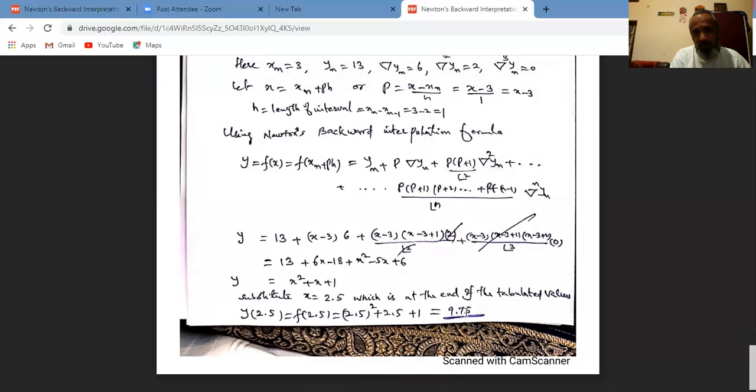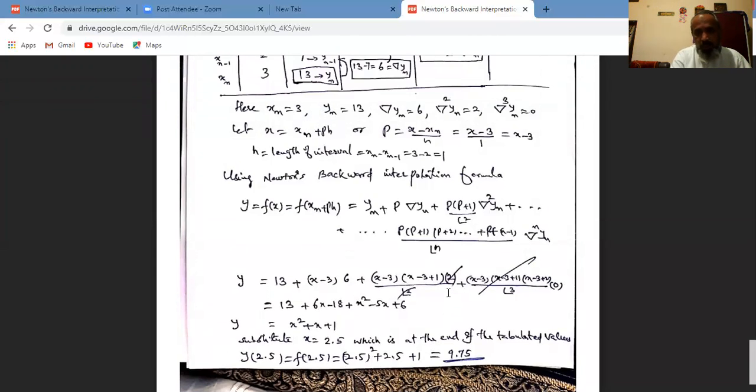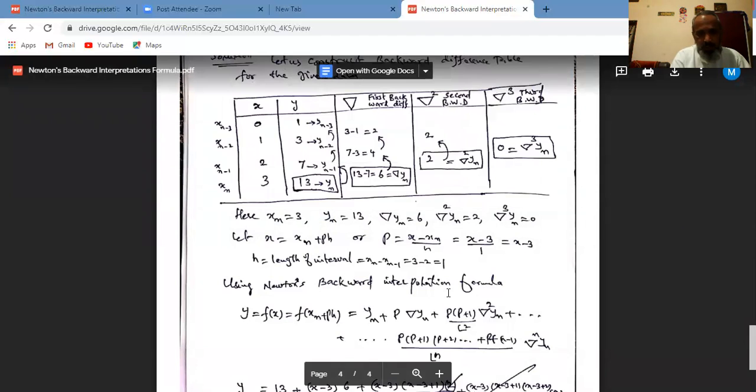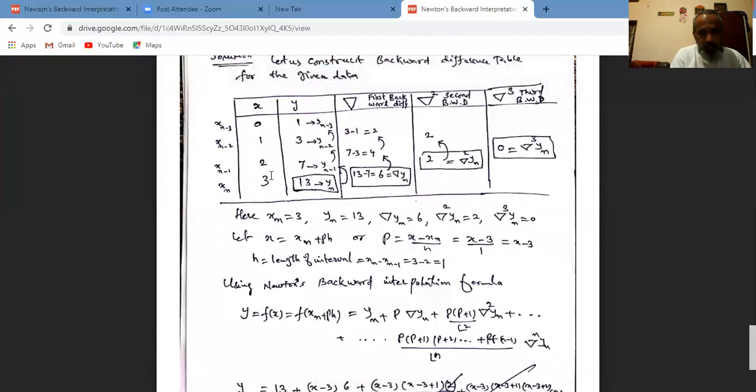Now, to verify whether our answer is correct or not, let us see the problem. In the problem, what is given? The given value of y at x is equal to 2 is 7, and at x is equal to 3 the given value is 13. So at x is equal to 2.5, our value should be between 7 and 13.